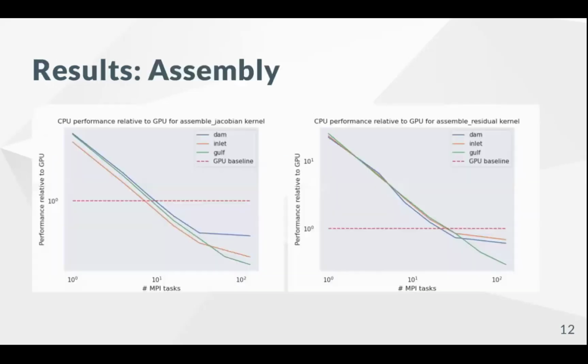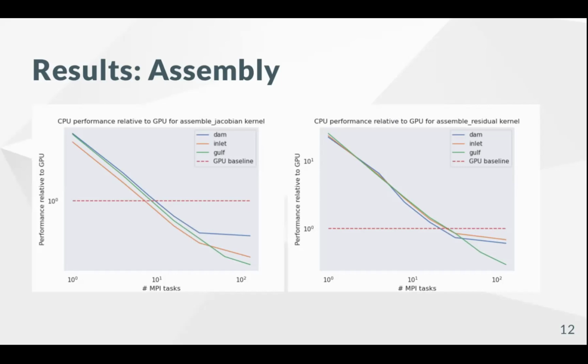So here are some performance results for a couple different benchmarks. The comparison here is comparing multi-CPU performance to the performance of a single GPU. I believe the GPU we used was a Tesla T4, and the CPUs were AMD EPYC CPUs from the Texas Advanced Computing Center.